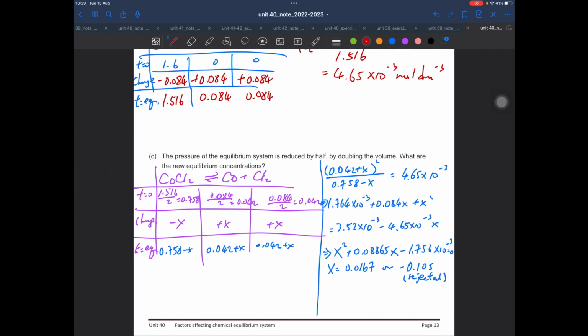So we reject the negative value. So finally, the CO concentration equals the Cl2 concentration equals 0.042 plus 0.0167 equals.